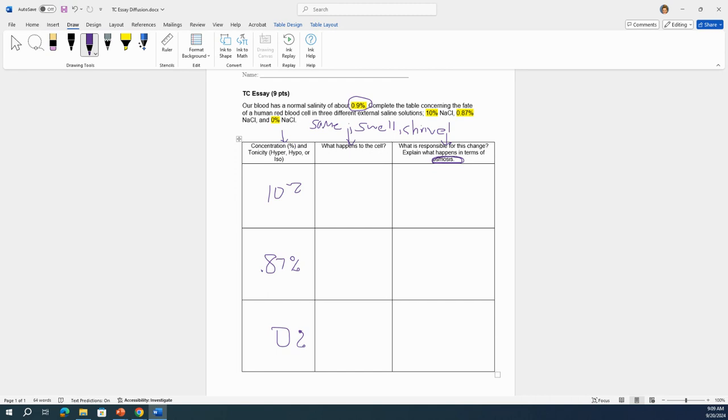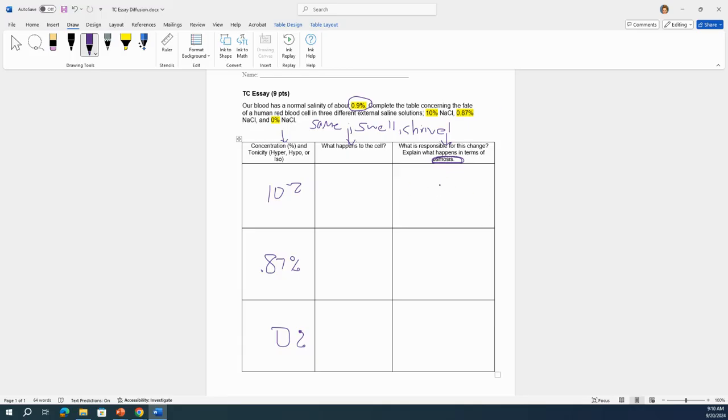And why? Why does it stay the same, or why does it swell, or why does it shrivel? So this one you're going to talk about water movement. Like you're going to say something like water moves into the cell because there is more solute in the cell, something like that. Or water is going to move out of the cell, or water is going to move equally back and forth. So this is where you're doing the explaining.